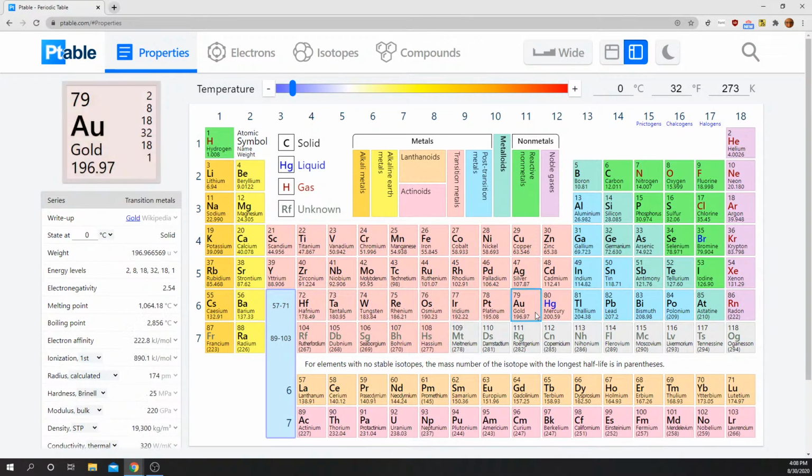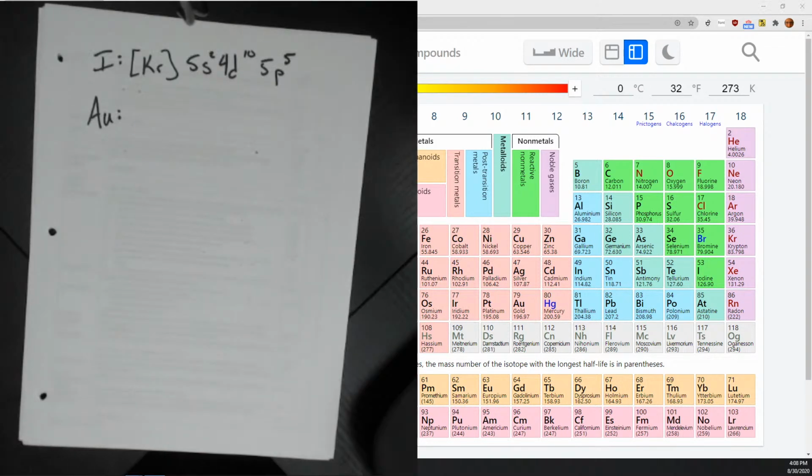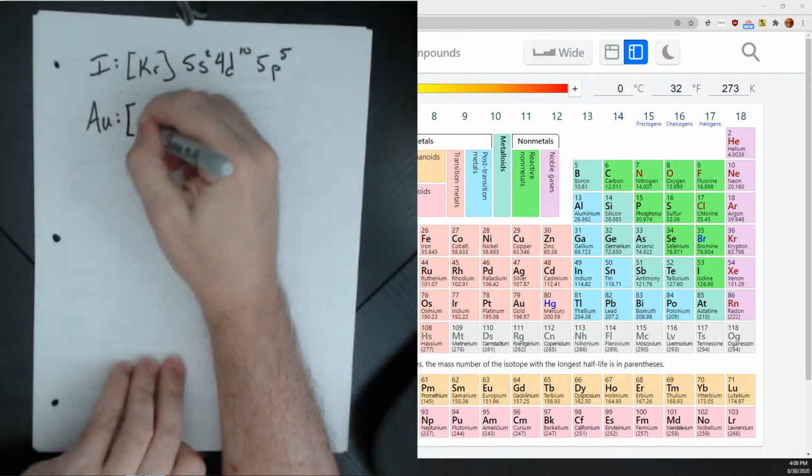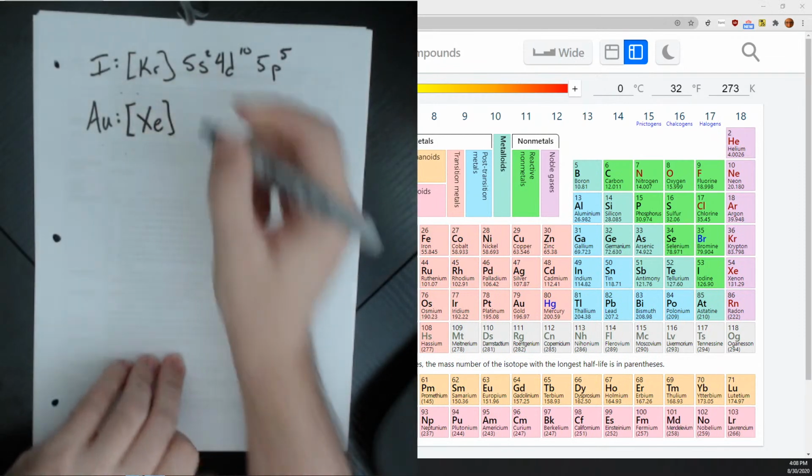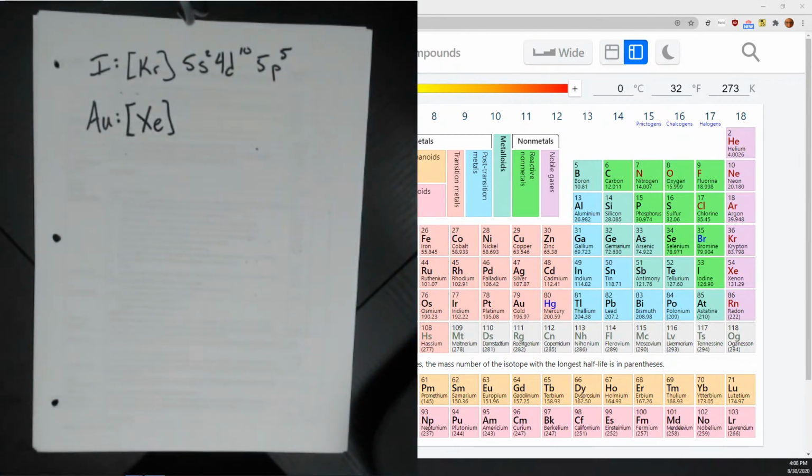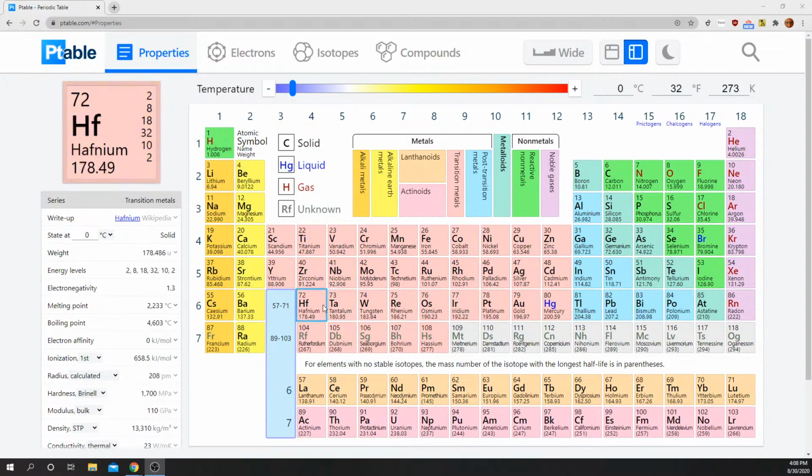All right, gold is right here, element 79. Previous noble gas is xenon. So that takes care of the first 54 electrons. And then, coming back over here, gold is on the 6th row, so this is the 5D. And then it's in the 9th column, along with copper. Now, because it's in that 9th column, it has the odd sort of behavior.